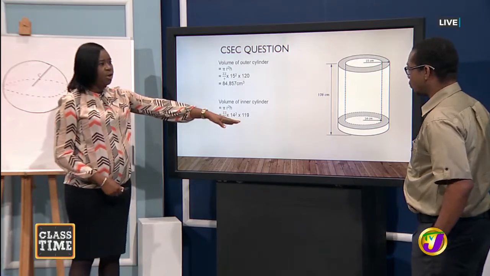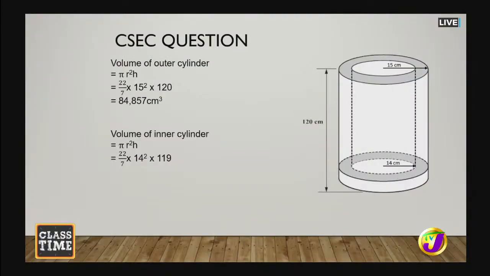And that's how we get the 119 for the height of the inner cylinder. Substituting those values, using radius 14 centimeters, we get a volume of 73,304 cubic centimeters.